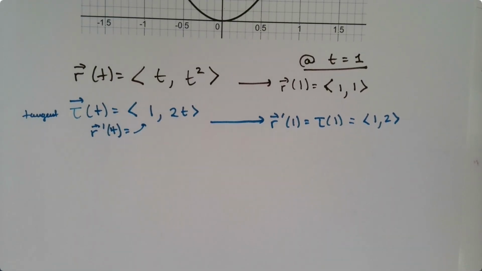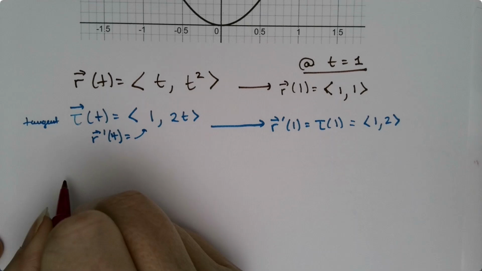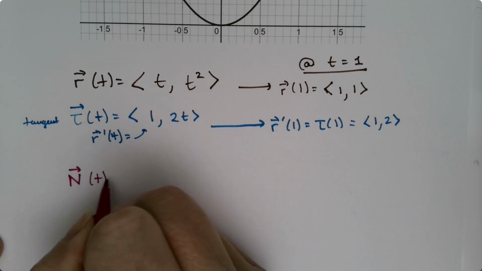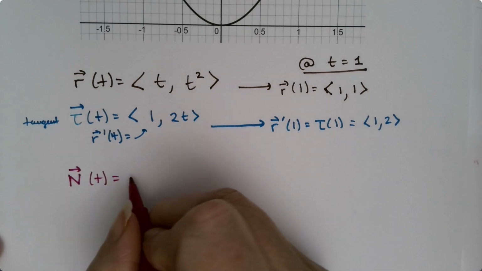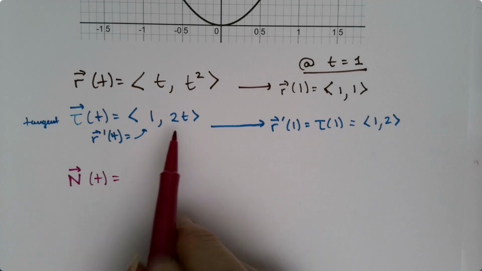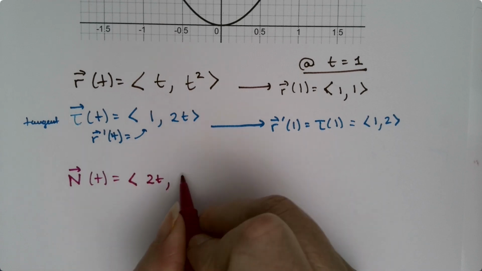Well, the normal vector, this is kind of the key we want to make, is that there's actually 2 ways to do this. So there's one normal vector, which I'm going to do right here, and that would be to take the 2 components of the tangent vector and reverse them. So you say, okay, 2t and then -1.